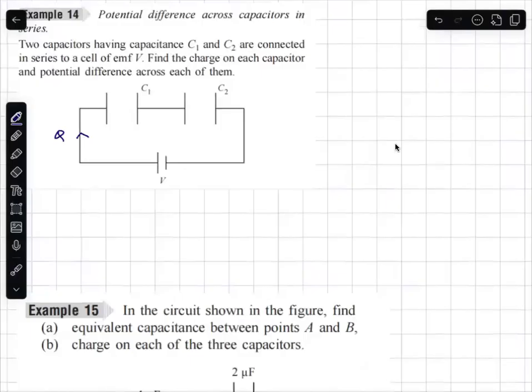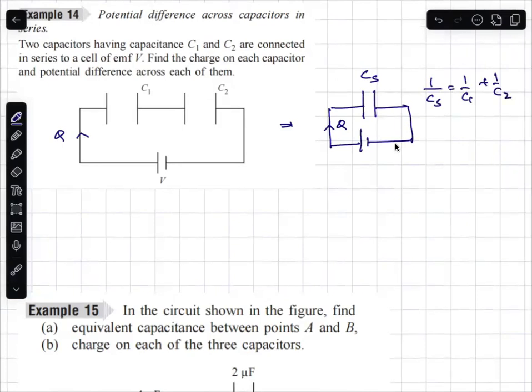Please try to understand: I need to convert this into a single series equivalent capacitance for which charge Q flows. I know 1 by Cs is 1 by C1 plus 1 by C2. Therefore Cs is C1C2 by C1 plus C2.